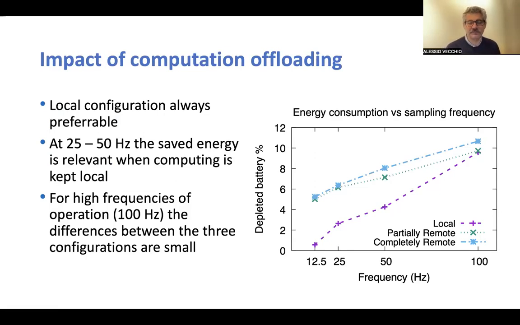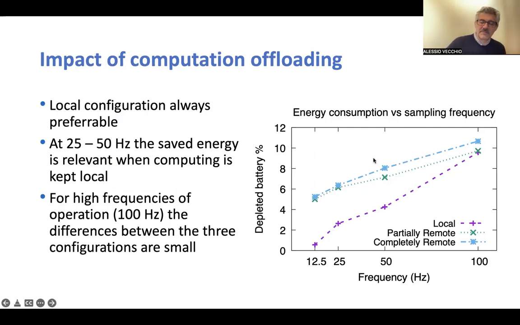We can also see that at 100 Hertz, the three configurations need more or less the same amount of energy. But again, we saw that going up to 100 Hertz is not really needed, because the authentication accuracy is going to be the same.